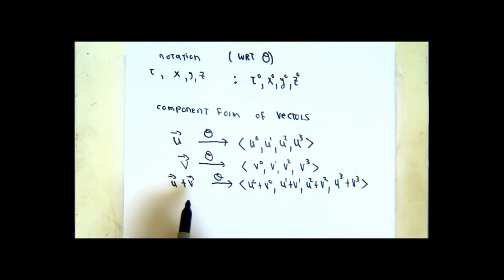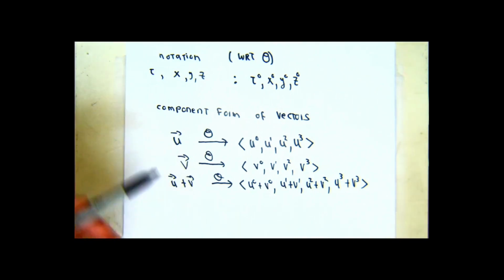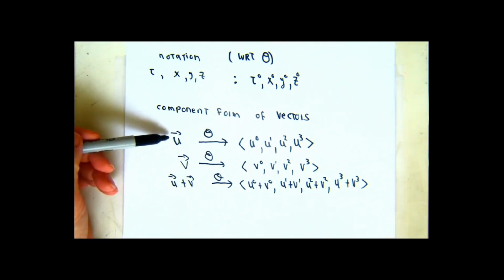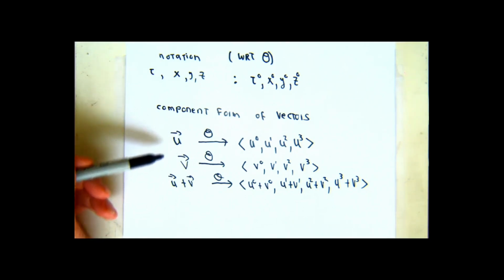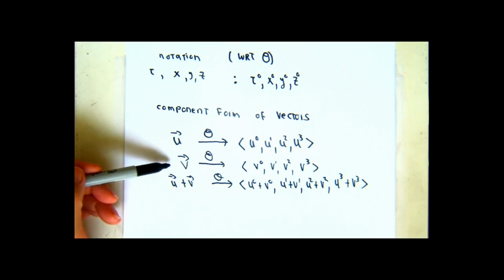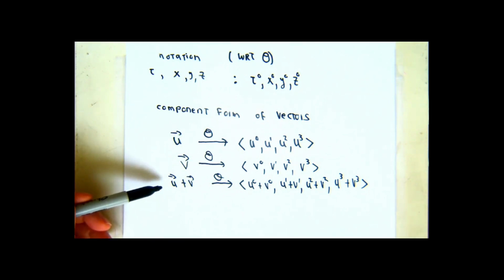When we write this, we mean that if I take the arrow in space-time, never mind what coordinate system you're using, and another arrow, I'm going to form a new arrow whose name is u plus v.